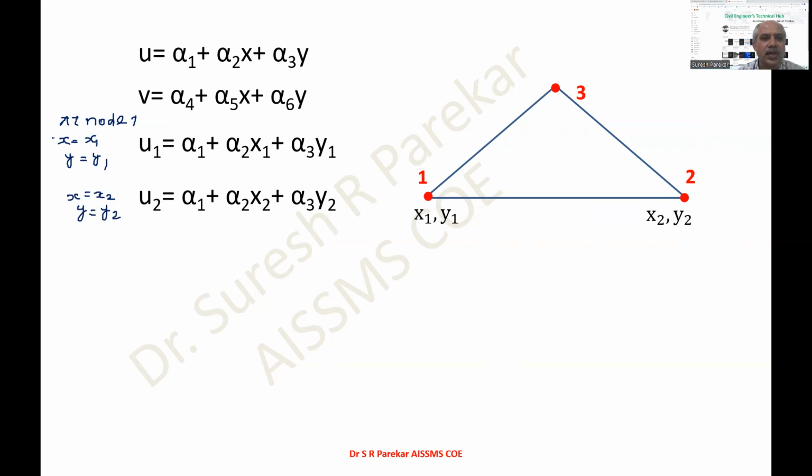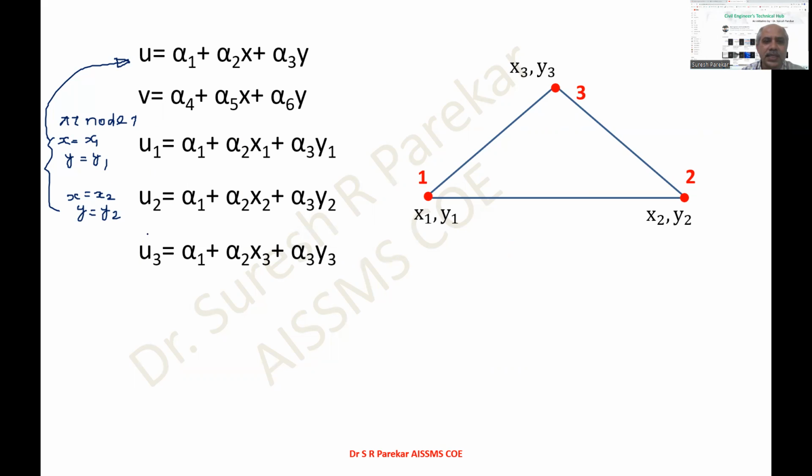We are substituting these values in the general displacement model in x direction. Then we have x3, y3 at the third node, and we get u3 equal to alpha 1 plus alpha 2 x3 plus alpha 3 y3. Now I am considering only the shape function for displacement in x direction. You can follow the same process and find the shape functions for displacement in y direction.